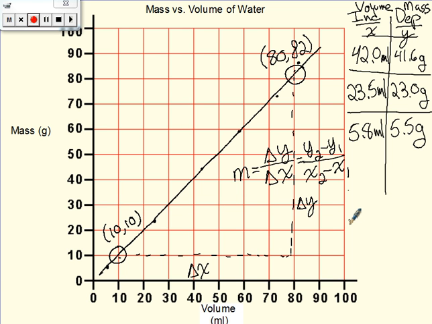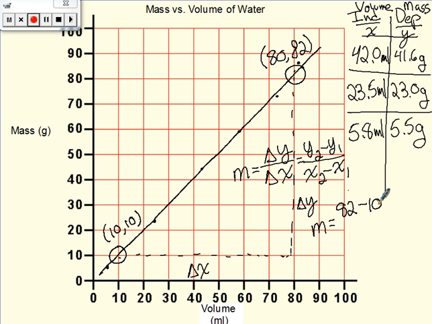Okay, so now let's do the actual calculation. The slope of this line is going to be y2, so that's 82, minus the y1, which is 10. We also really should put the units on here because these do represent physical quantities.